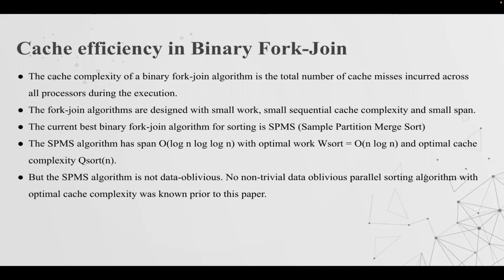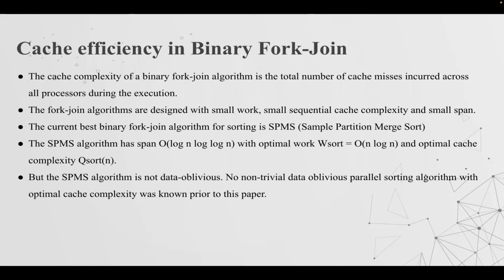Next is cache efficiency in binary fork join. Cache efficiency is calculated on the number of cache hits or misses, and the cache complexity is the total number of cache misses during the execution of a program. Fork join algorithms are designed with small work, small sequential cache complexity, and small span. The current best binary fork join algorithm for sorting is SPMS, that is, sample partition merge sort.